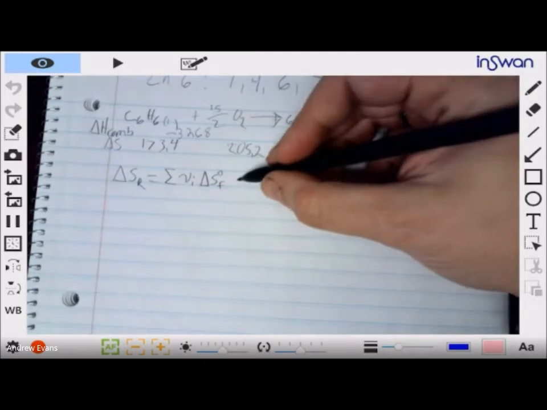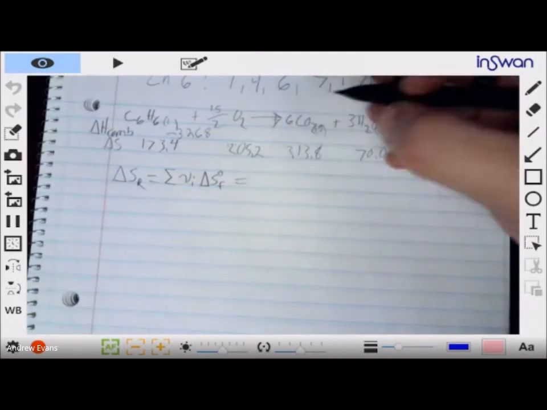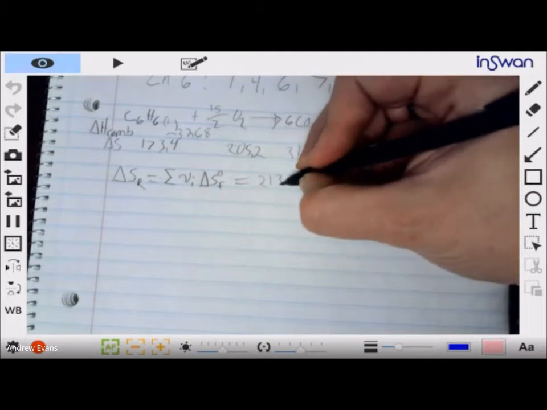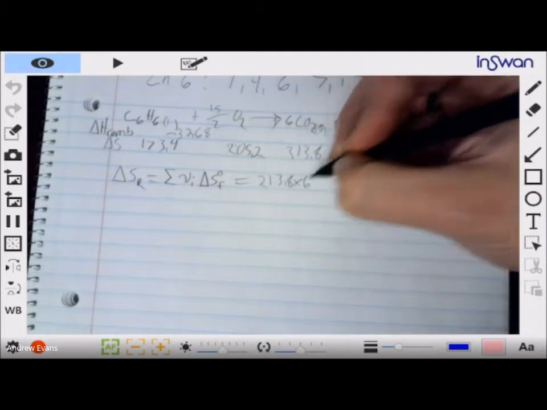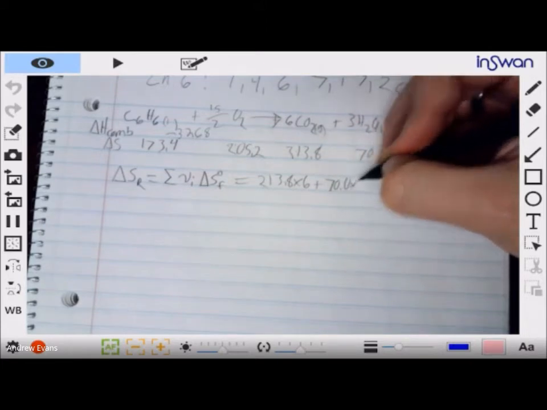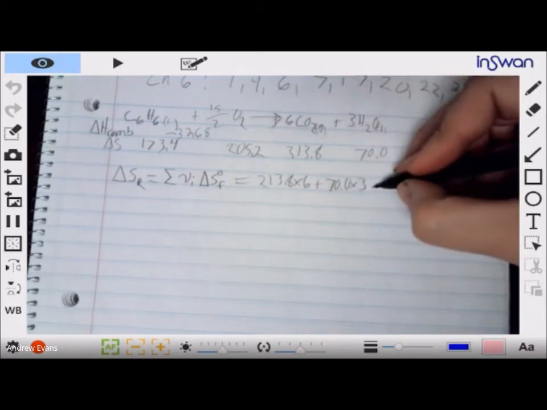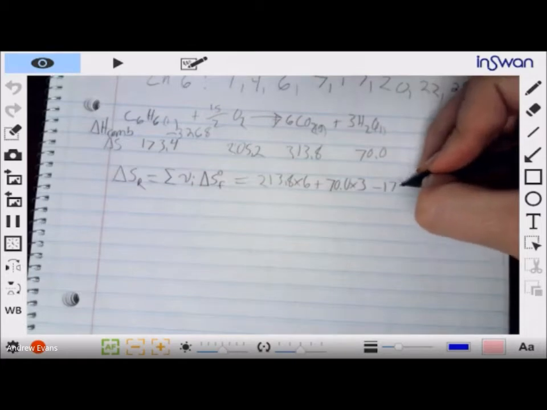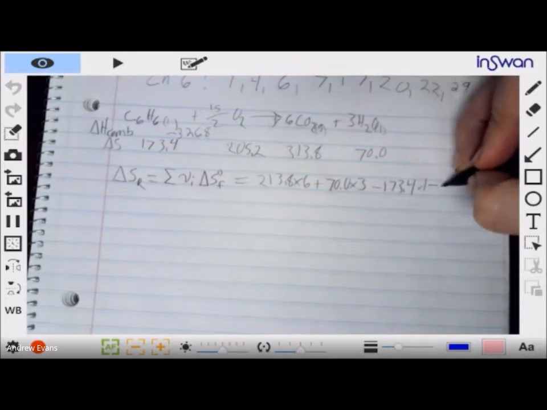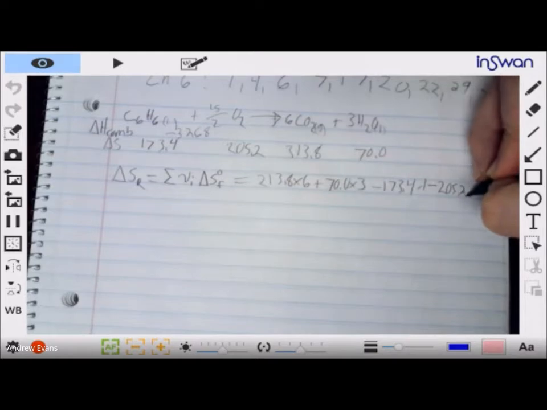So what that means is we have 213.8 times 6. We have 70.0 times 3 minus 173.4 times 1 and minus 205.2 times 15 over 2.